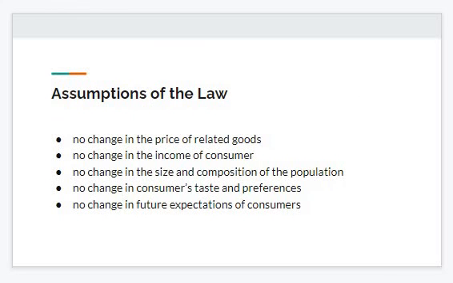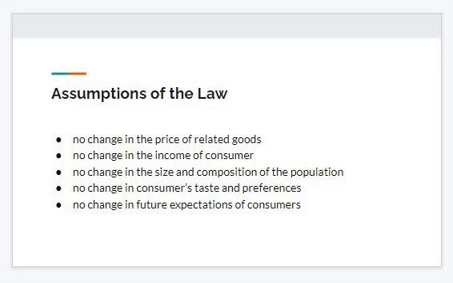Now let us understand the assumptions of the law of demand. The law of demand holds good when other things remain the same. It means factors influencing demand other than the own price of the commodity are assumed to be constant. These may be called the assumptions of this law.